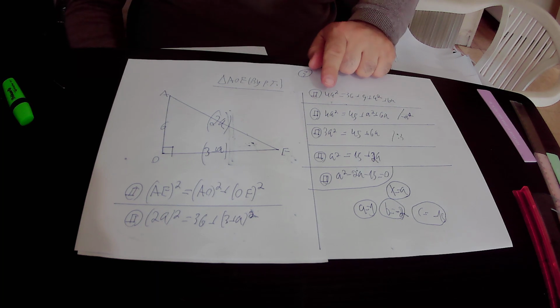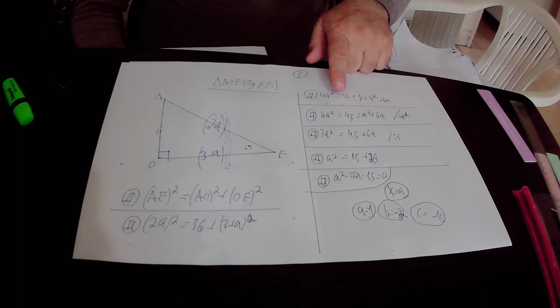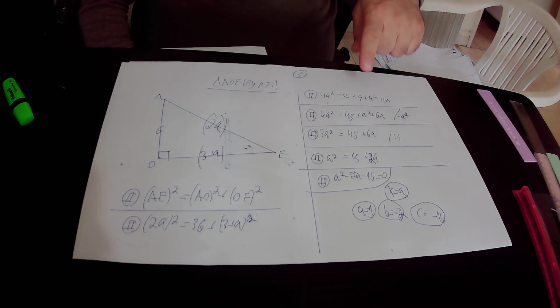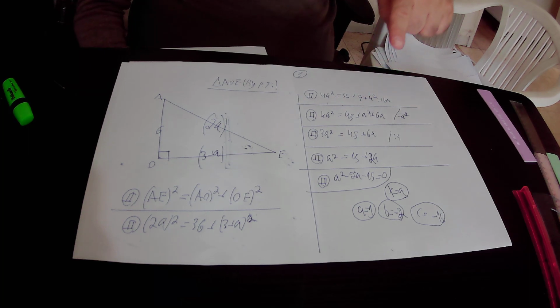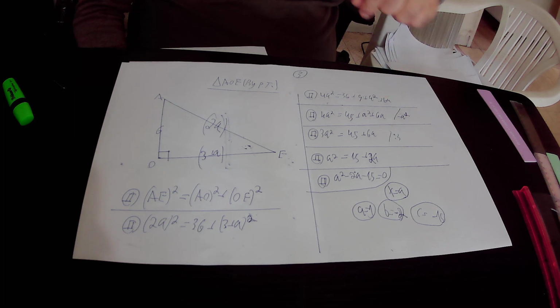So 4a squared equals 45 plus a squared plus 6a. We subtracted a squared from this equation and found that 4a squared minus a squared is 3a squared, and a squared minus a squared is 0. So 3a squared equals 45 plus 6a.